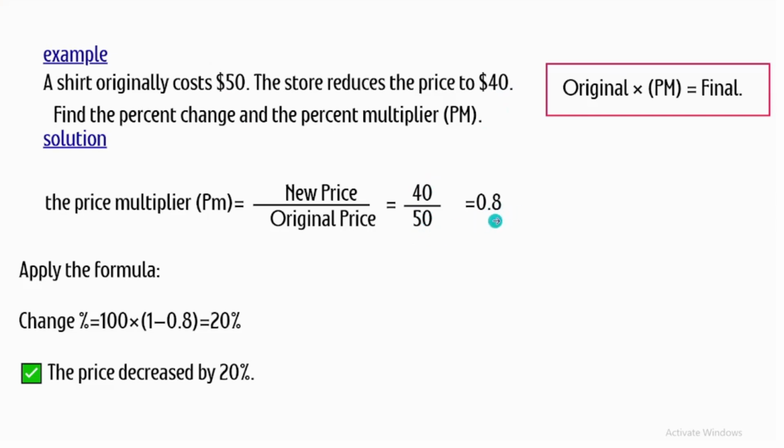So the multiplier is 0.8. This is the multiplier, final over original. We get the percent change equal 100 times the multiplier minus 1, equal to negative 20%. Since this is negative, the price decreased by 20%.